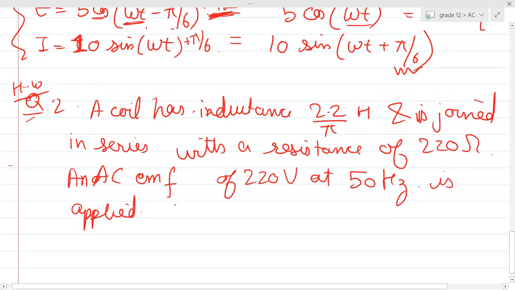Now the question is to find the wattless current.